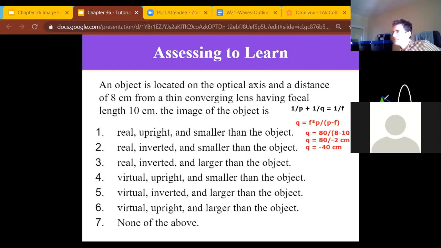So there's a ray that goes through F1, but in this case, because you're in front of it, the light ray doesn't actually go through it, it just appears to go through it. So kind of have it go like this. And you can see how it appears to be coming from F1, even though it's actually not. And then this ray goes parallel. And then there's a third ray that will start off parallel and then go through F2.